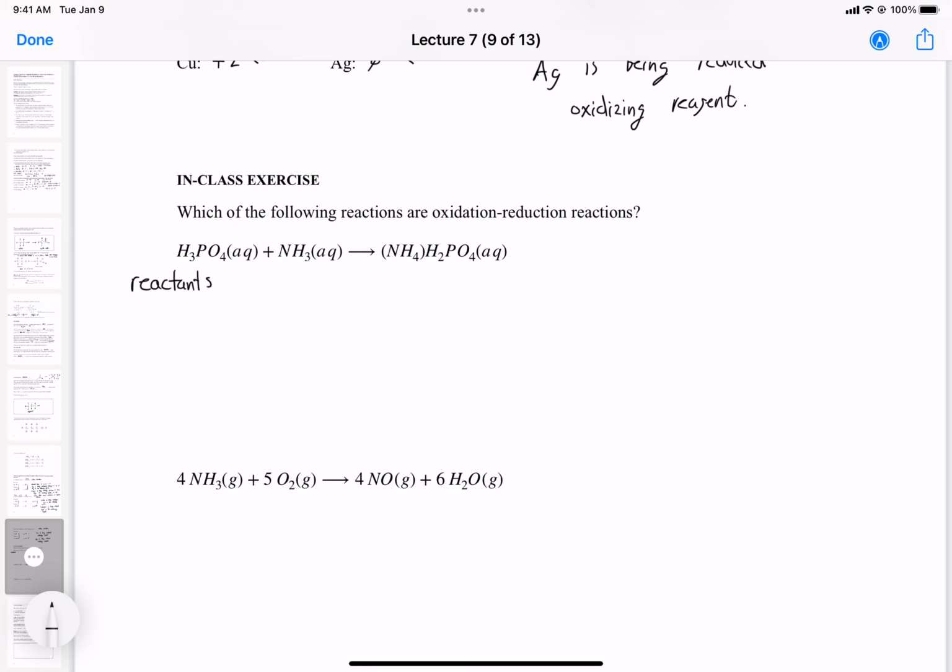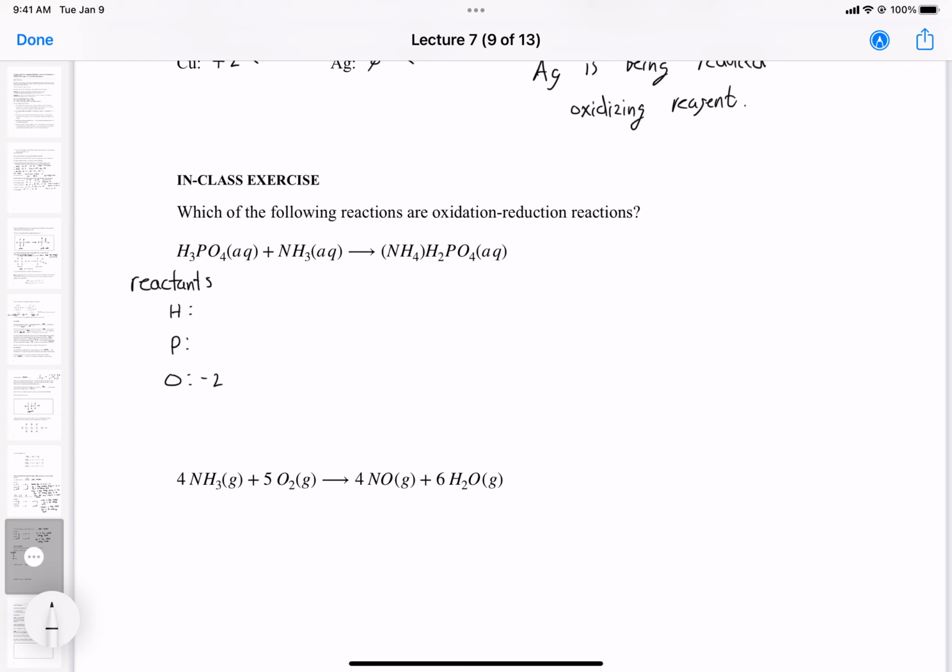So for H3PO4, we have the hydrogen, the phosphorus, and the oxygen. Remember, oxygen in any compound is -2, that's the easy one. And then hydrogen, so phosphoric acid.